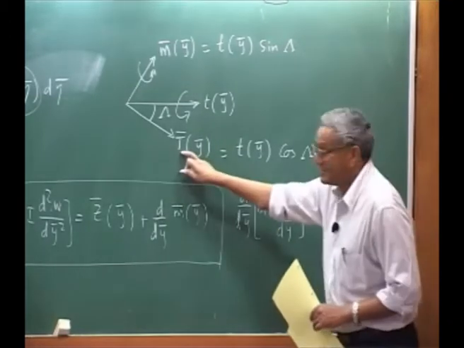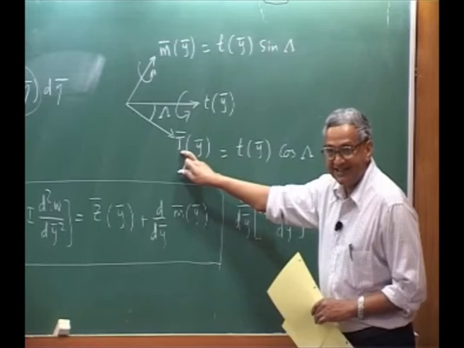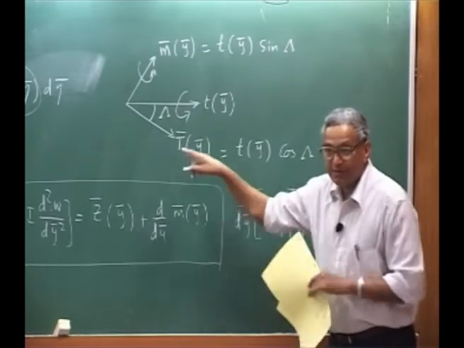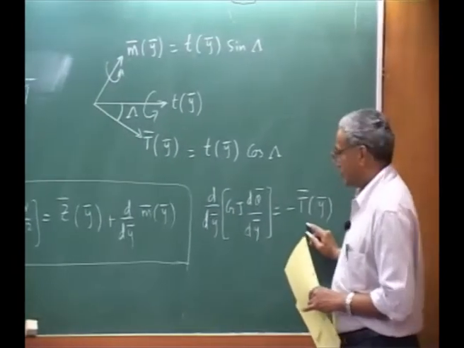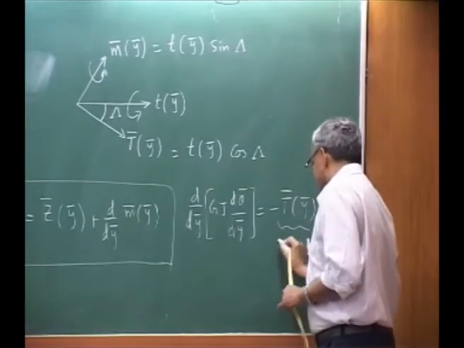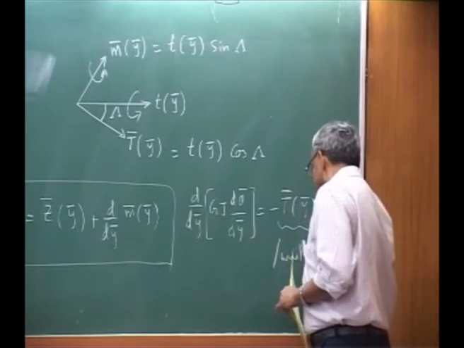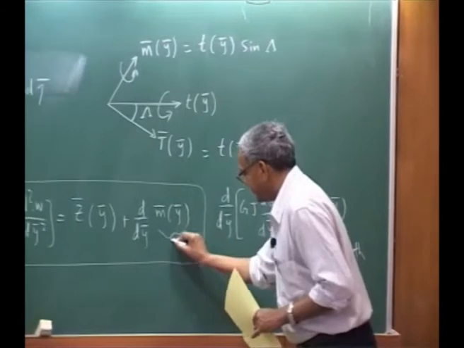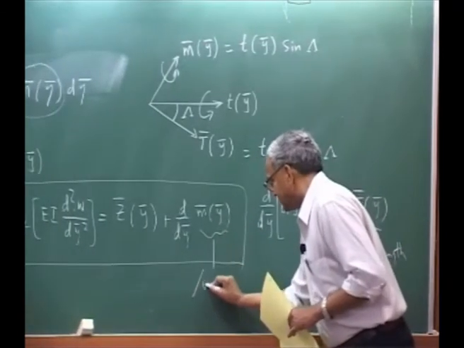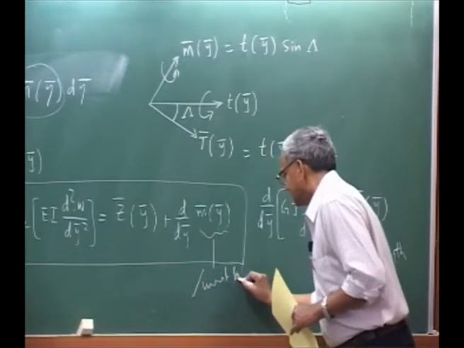Please understand, here it is over a length of dy bar. So I have to get per unit length. Okay. So please note, this is per unit length. Same thing here also, this is per unit length.